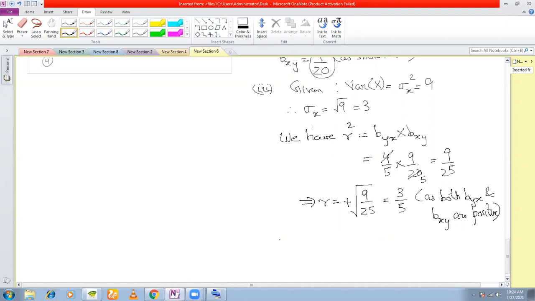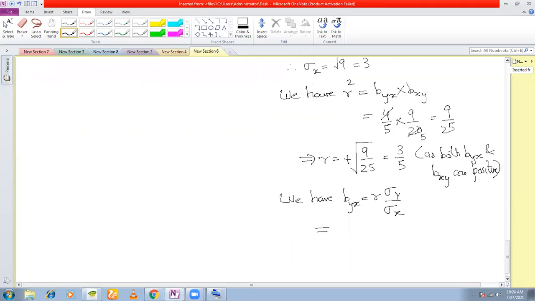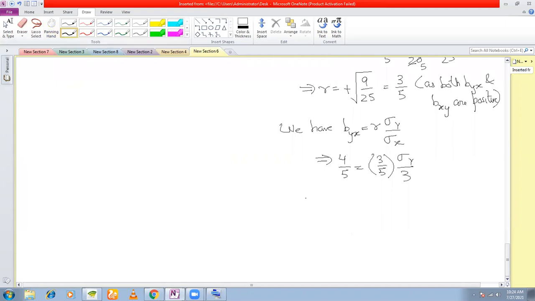Now we use that relation. So we have byx is equal to r sigma y by sigma x. Put all the values here. Byx, the value here is 4 by 5. The value of r we have got above as 3 by 5. We need to find out sigma y. Sigma x is given to you as 3 here. So that's it. We can find out the value here. Cancel this.